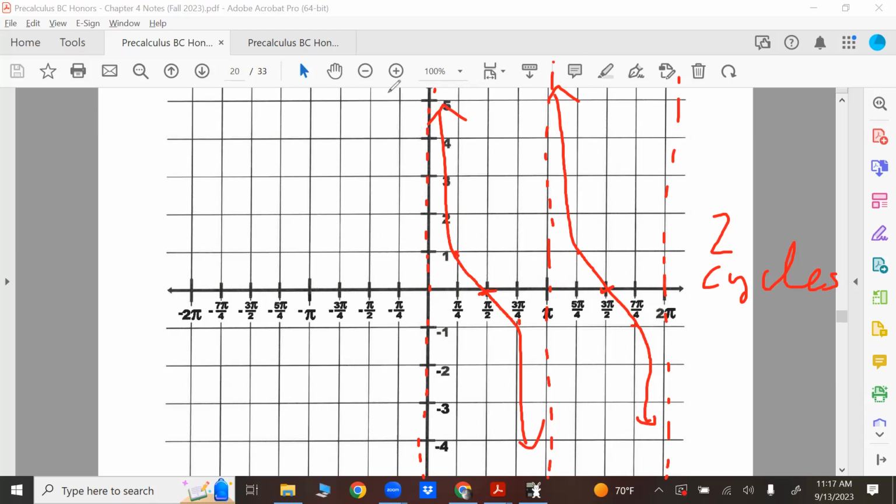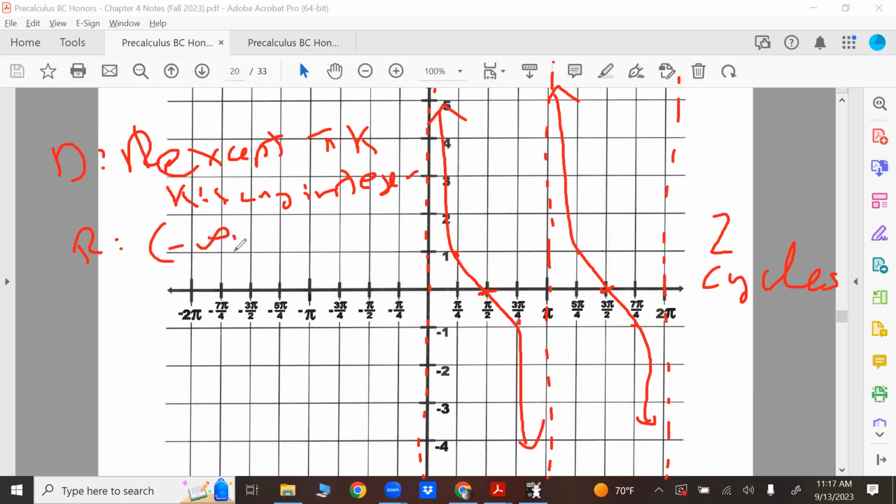I like that. Anyway, domain: all real, except this guy's going to say pi k, where k is any integer. Range is all real. Period is pi.